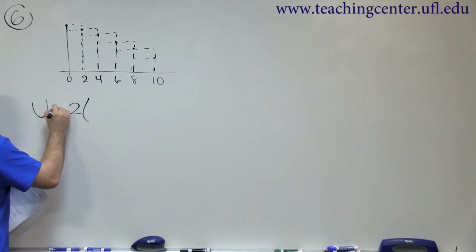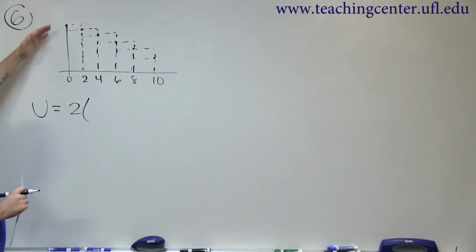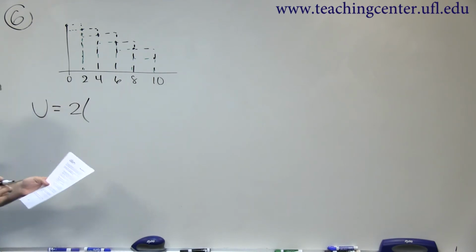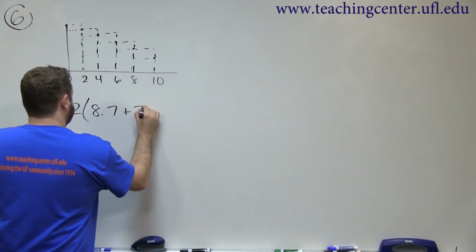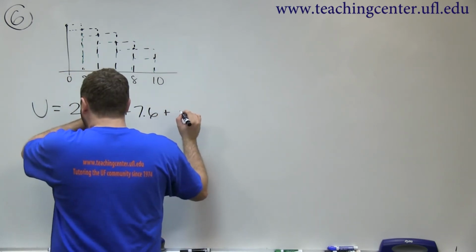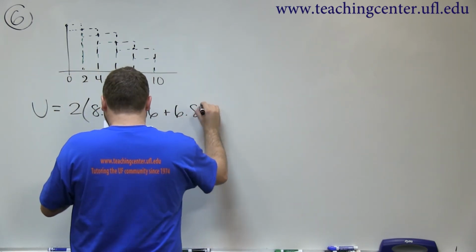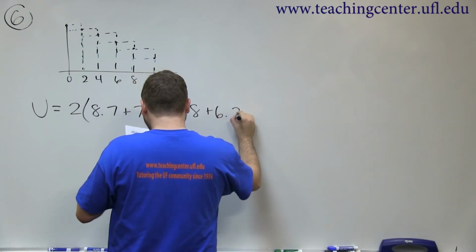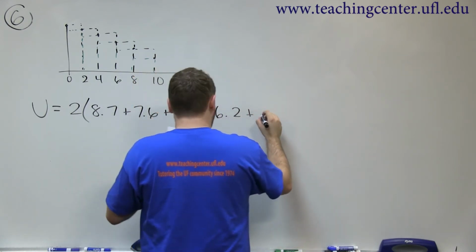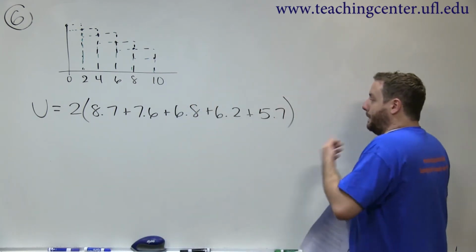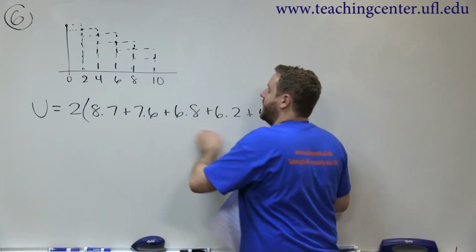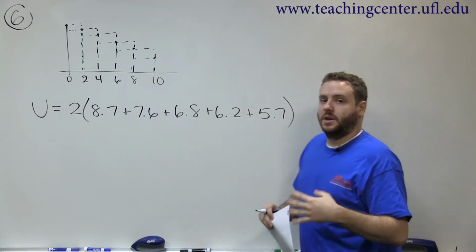So our upper estimate, we use the higher number for each interval. So we would use 8.7 for the first interval, 7.6, 6.8, 6.2, and 5.7. So this is adding up the areas of 5 rectangles where we use the higher number for each.